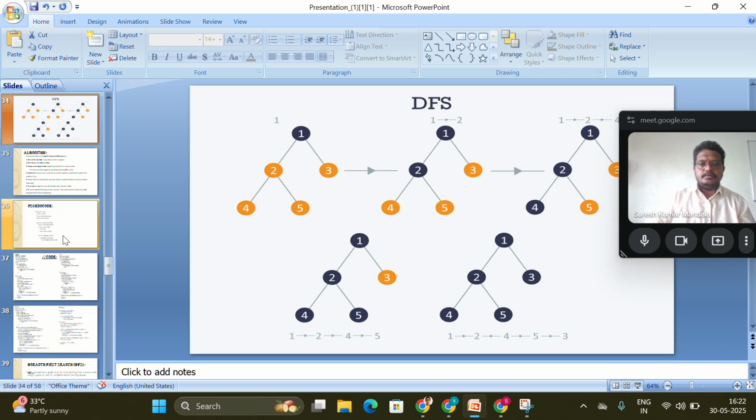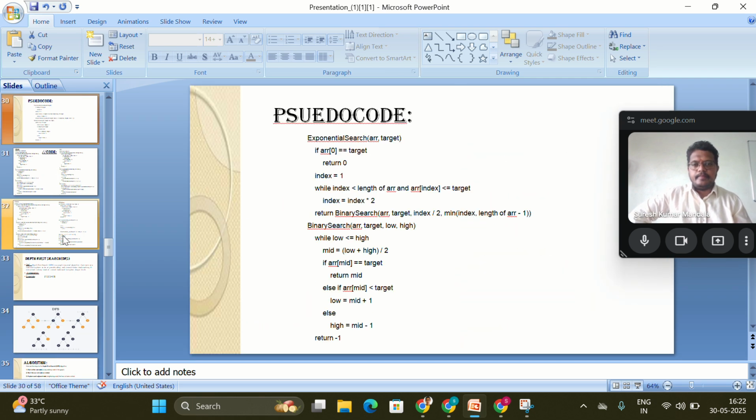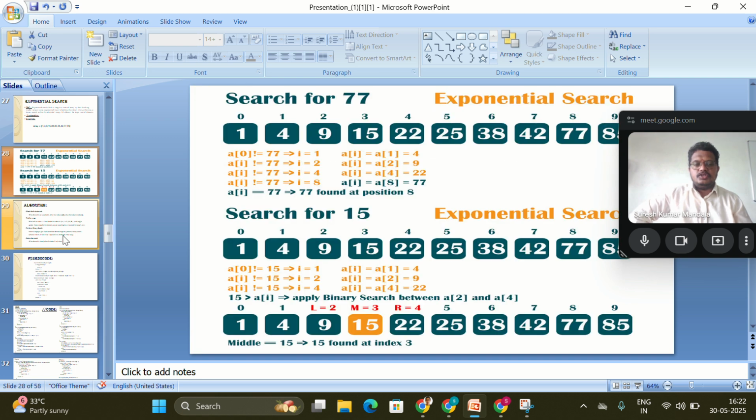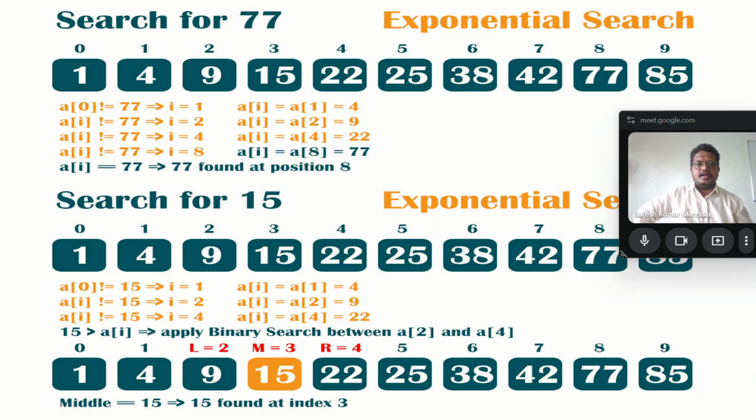If you observe exponential search, it is mainly useful for big data sets. If you want to search within Indian Aadhaar card numbers, that type of searching is very useful. It is multiples: first 0, after that 1, 1 becomes 2, 2 becomes 4, 4 becomes 8, 8 becomes 16, 32, 64, 128, 256.